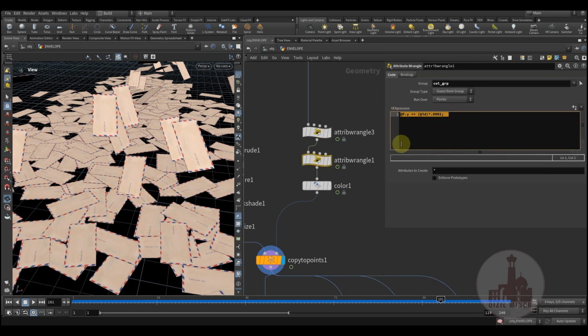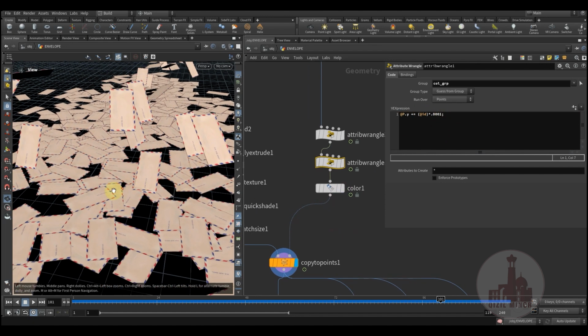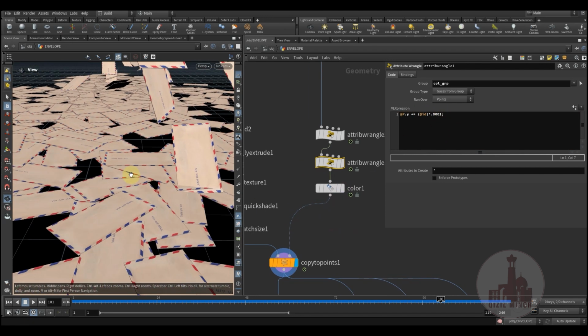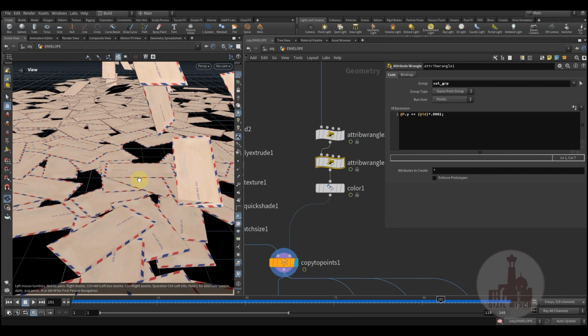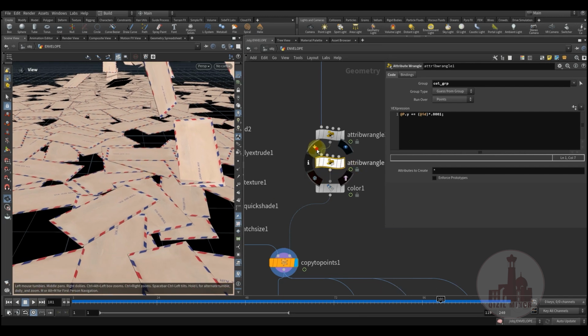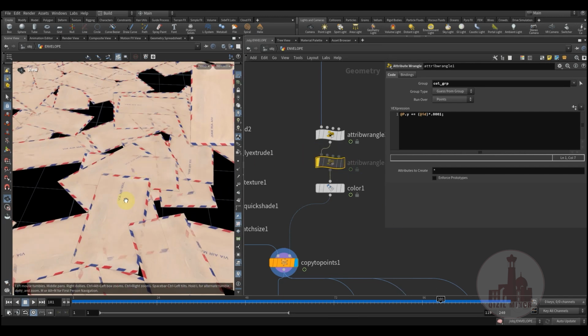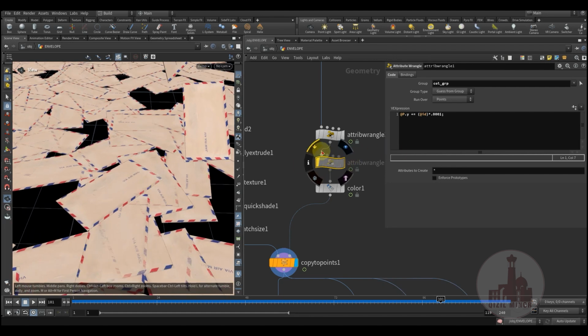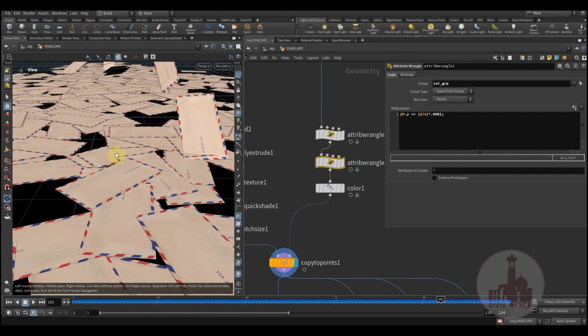Another thing that I did here is add some difference to my position y-axis by using an ID attribute and multiplying it by a very low value. This way I am creating an illusion that my envelopes are not intersecting. If I turn this off, you see they are intersecting. So this way you can cheat.